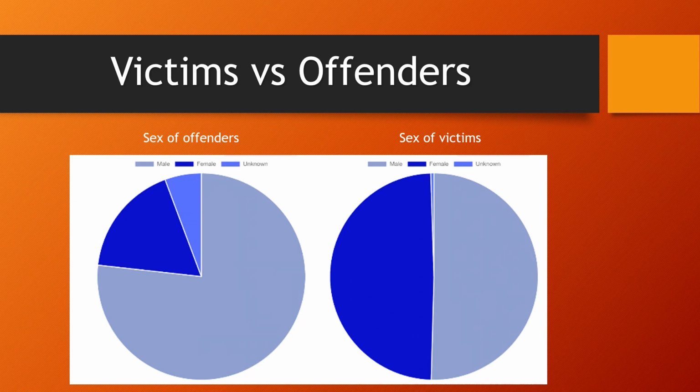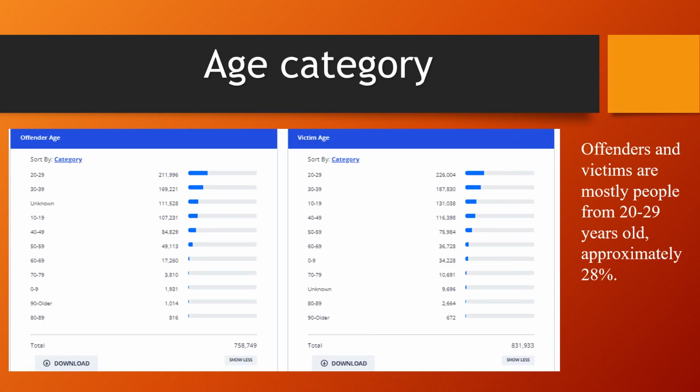Next, we are going to talk about the different categories. Starting with the age category, we realize that the offenders are mostly people from 20 to 29 years old, approximately 28%. Unfortunately, the victims' age is in this range too.